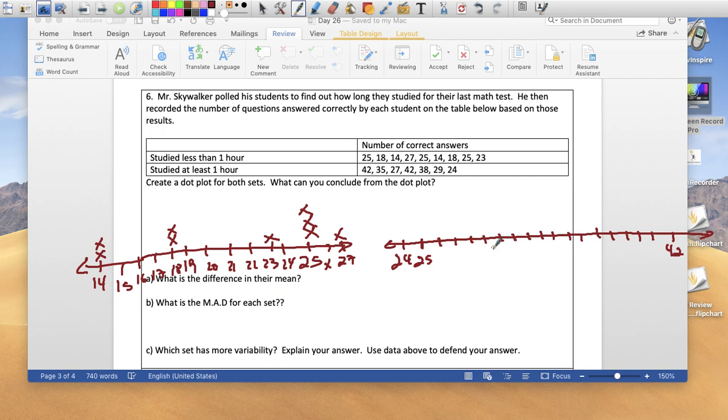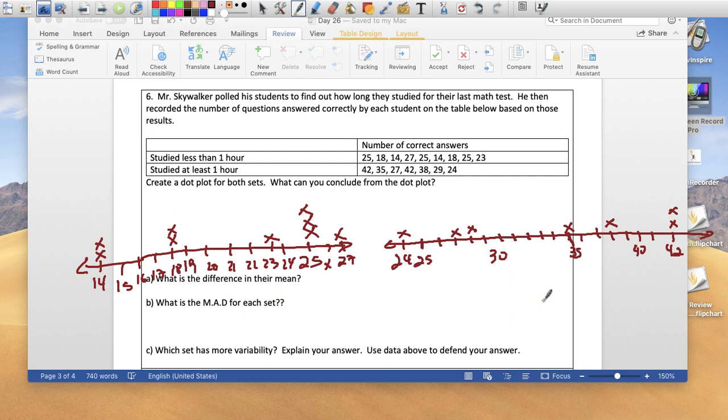I'm not going to put all the numbers. 42, one kid. 35, 42, 27, 42, 38, 29, and 29 is here. 29 and 24.